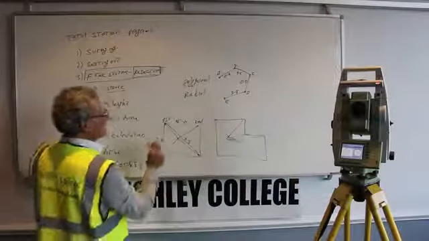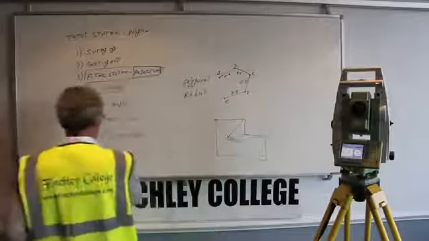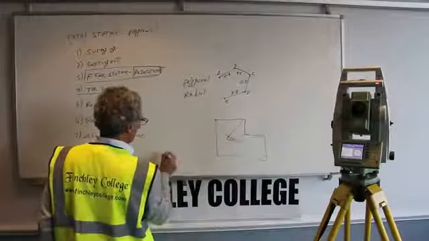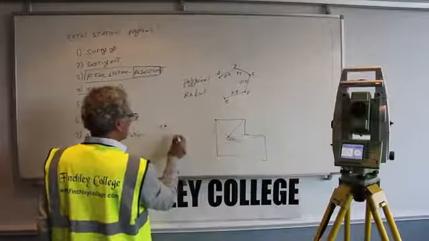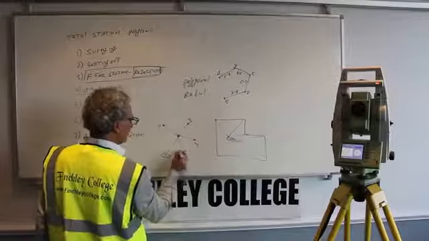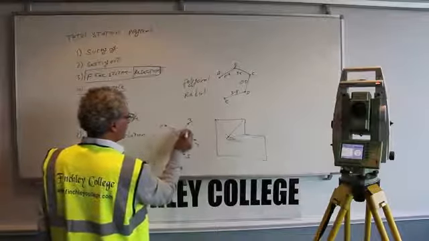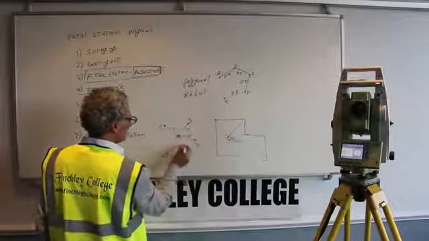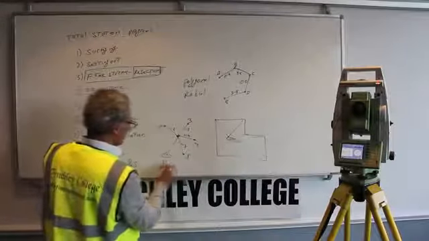So essentially you set up here, you sight to the first point, then you sight to the second, then third, then fourth, then fifth. The dimensions are always from the first: 1 to 2, 1 to 3, 1 to 4, 1 to 5. It is from the first one you sight to, and that is radial.